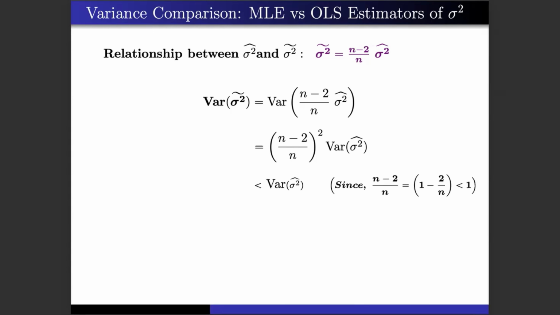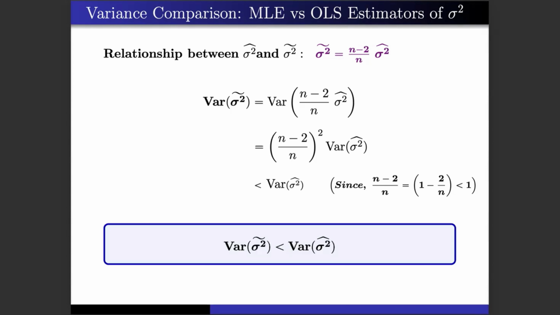In the next step, we use the fact that n minus 2 divided by n is actually less than 1. And therefore, the term we have over here, n minus 2 divided by n whole square, is less than 1. And if this first term is less than 1, then we can write the second line as less than the variance of sigma square hat.